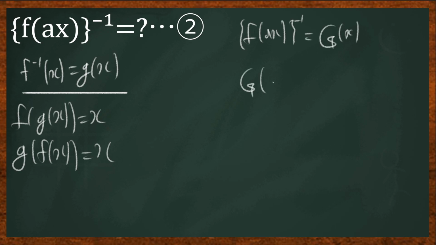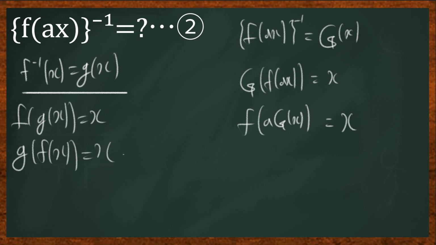Because large G(x) is the inverse function of f(ax), large G(f(ax)) is equal to x, and f(a times large G(x)) is equal to x. Let's put in g(f(x)) is equal to x in here. Then we will have g(f(a times large G(x))) is equal to g(x).